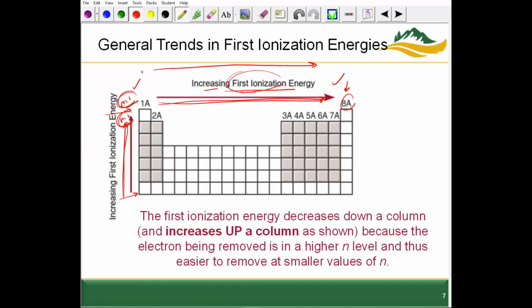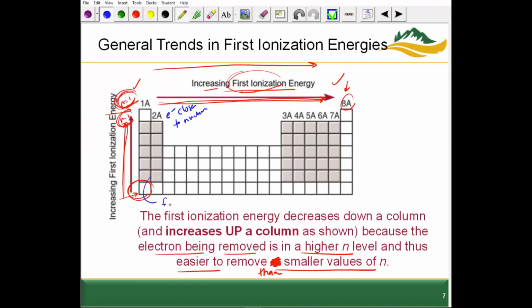It takes more and more energy as we get closer and closer to the nucleus, or as these n values decrease. And so electrons being removed in a higher value for n are easier to remove compared to lower values for n, where these electrons are closer to the nucleus.